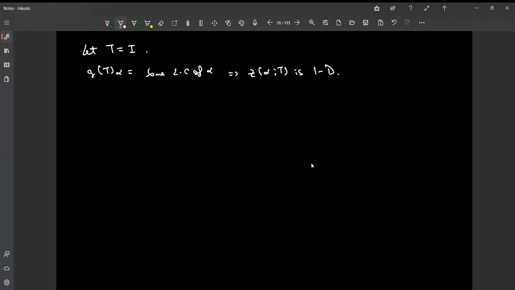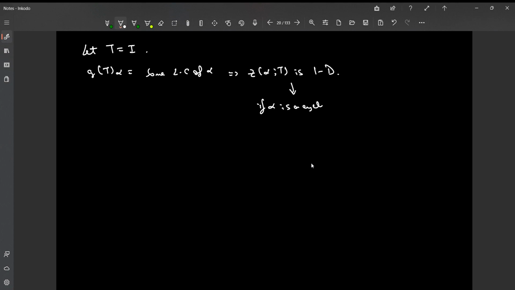Clear? Now it's obvious from the definition of a cyclic vector that if we choose T to be the identity operator, then what can we say about the condition if alpha is a cyclic vector? If Z(alpha, T) is one dimensional, then what can we conclude from here?